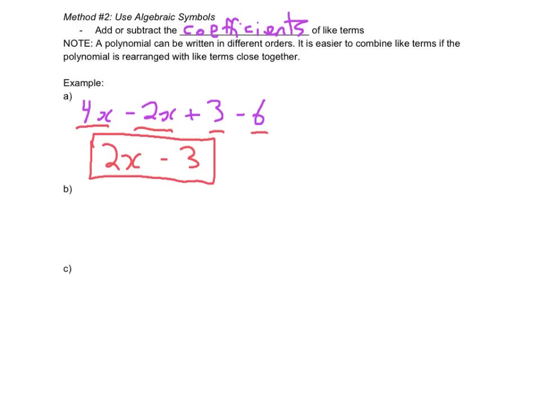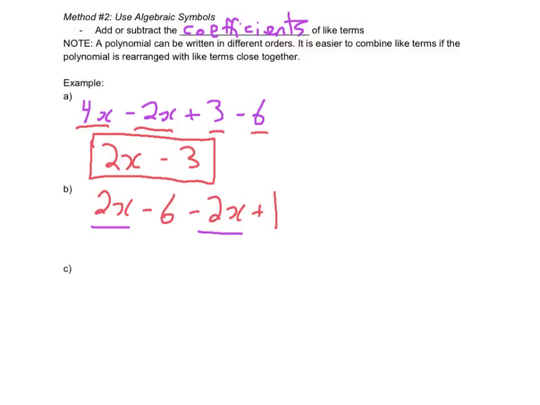Okay, we'll show you one that maybe you've got to do an extra step on. Okay, so 2x minus 6 minus 2x plus 1. Okay, so again we're going to identify the common or the like terms. This 2x and that negative 2x are common.